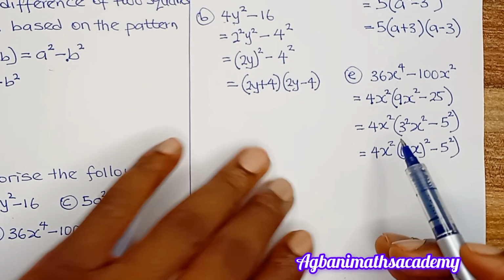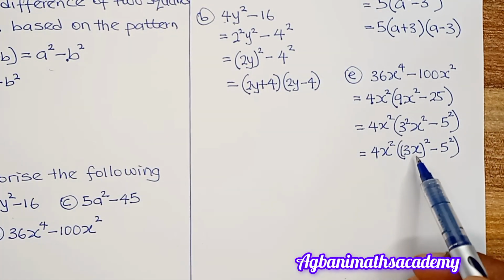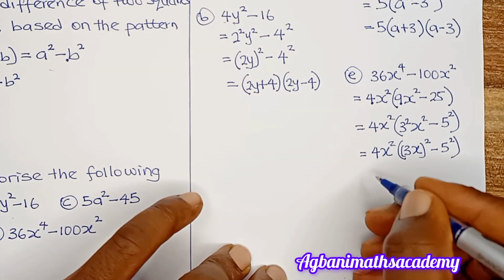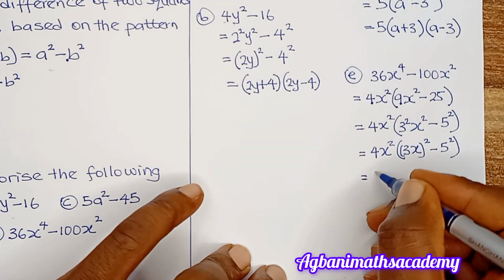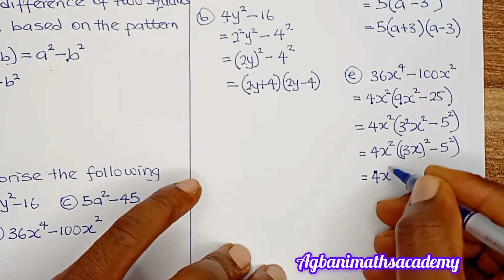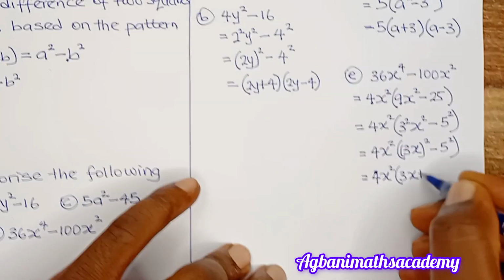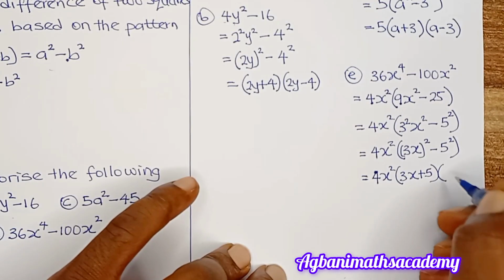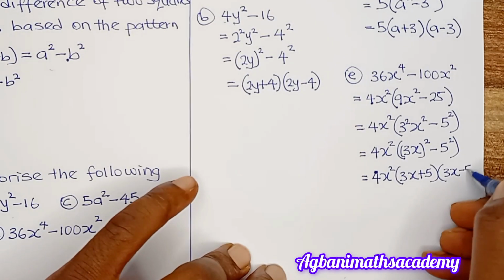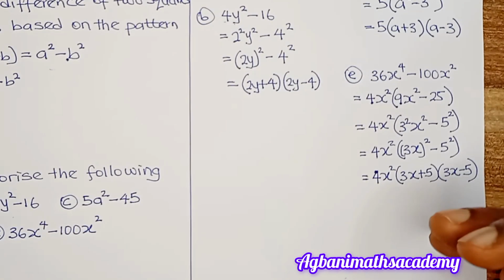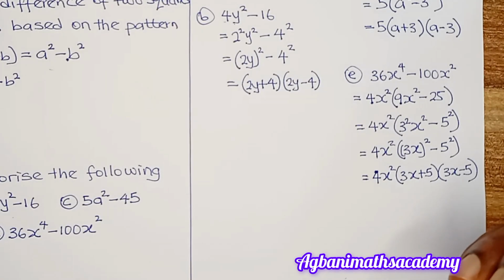So at this point, the equivalent of A here is 3x. The equivalent of B is 5. So we can factorize using difference of two squares. This will give us 4x squared, parenthesis, 3x plus 5, parenthesis, 3x minus 5. So we have been able to factorize this using difference of two squares.